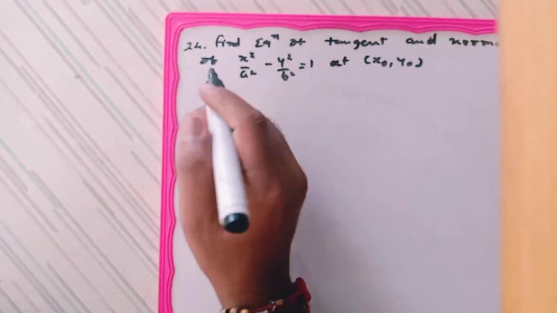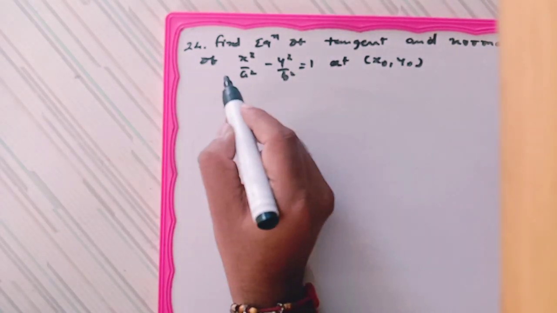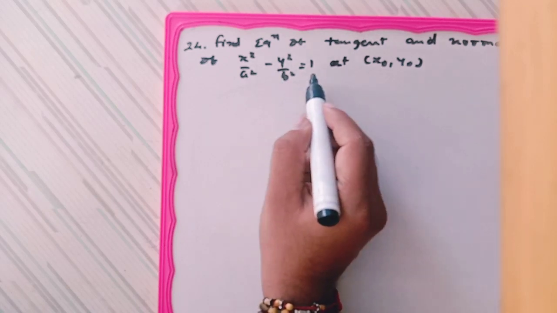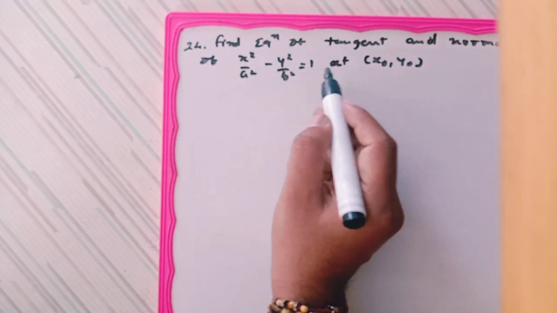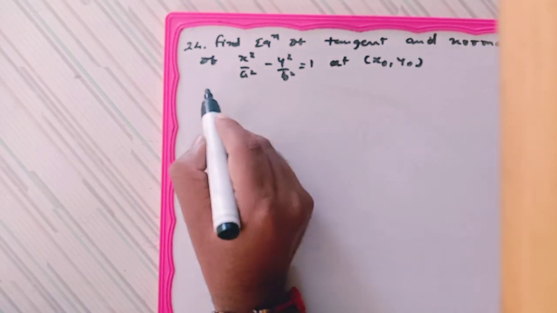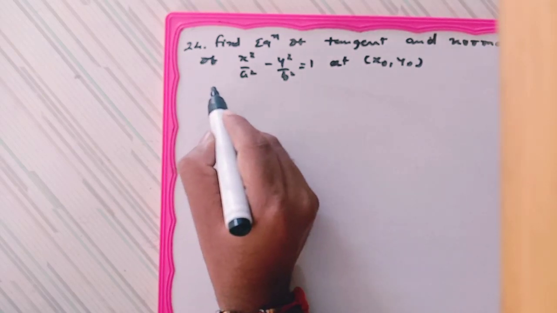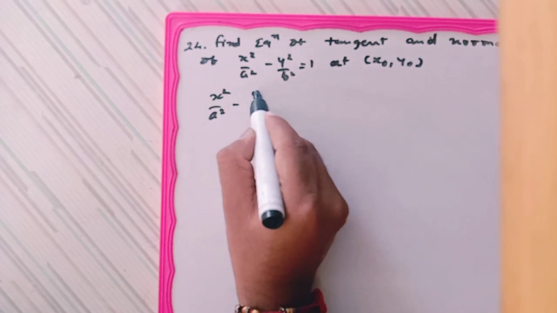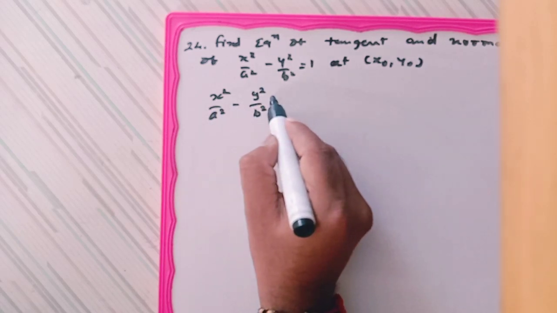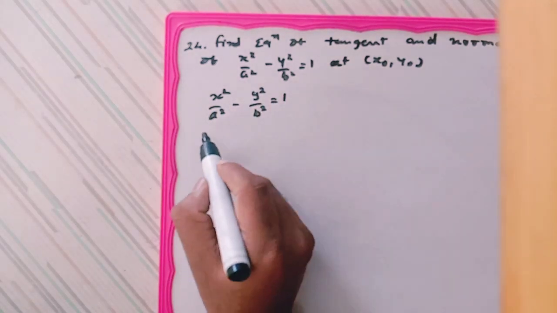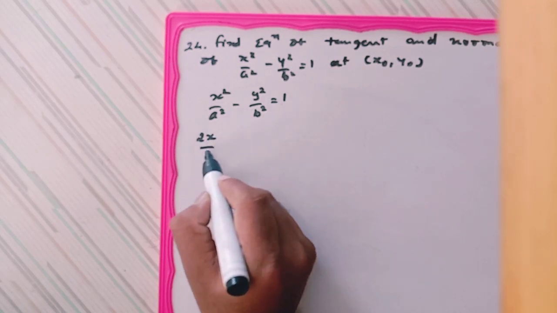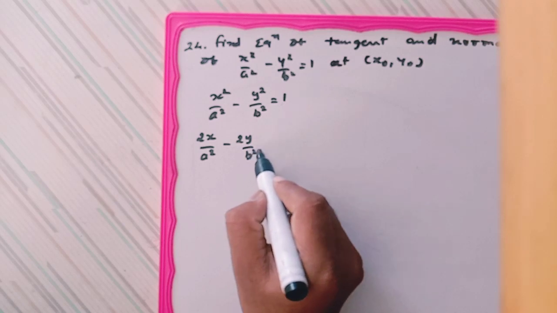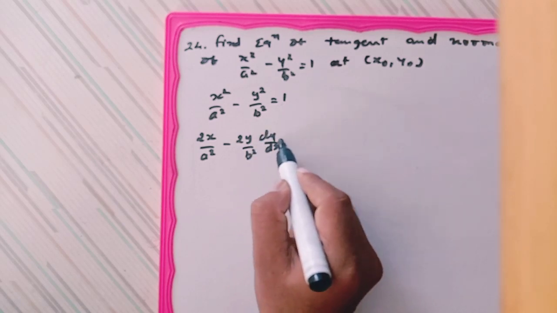Now question 24, we have to find the equation of tangent and normal to x^2/a^2 - y^2/b^2 = 1 at (x0, y0). So for the slope of tangent, x^2/a^2 - y^2/b^2 = 1, we differentiate with respect to x, then 2x/a^2 - (2y/b^2) dy/dx = 0.